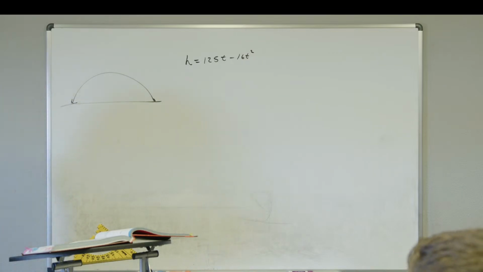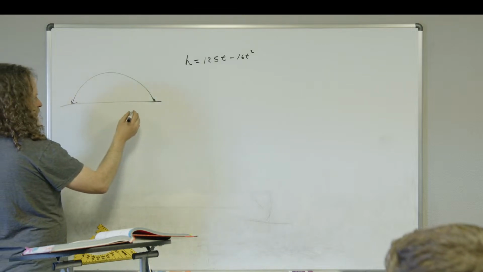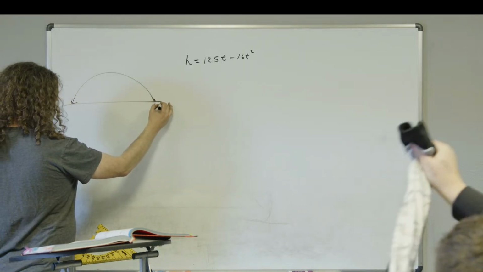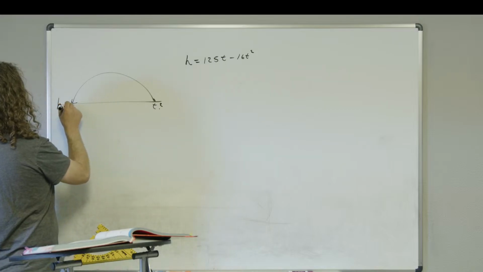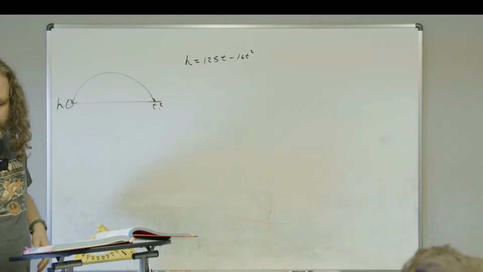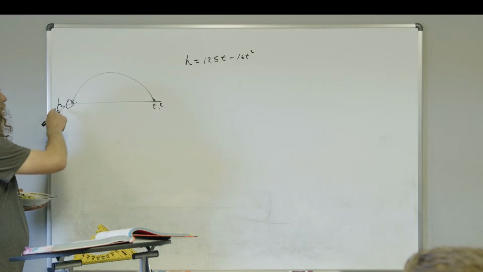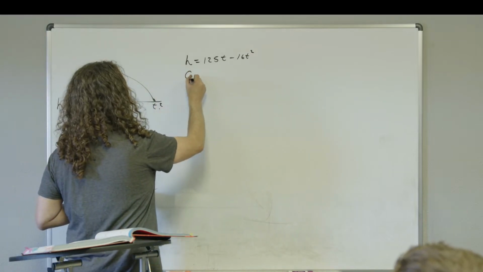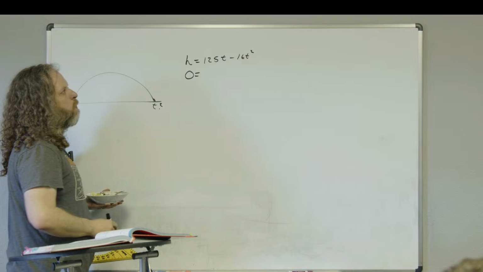So we want to know what is the time at height 0. So what can we do in this problem? What do we need to do here? We're going to put a 0 for height, right? And then yeah, we are going to factor it.